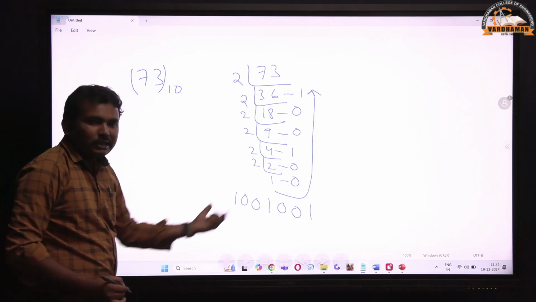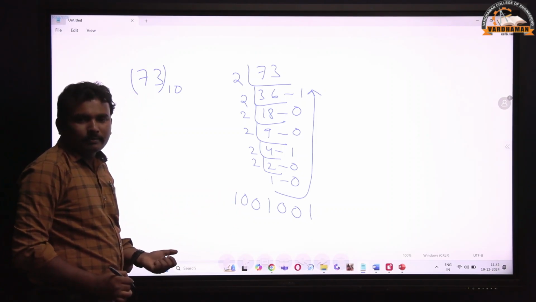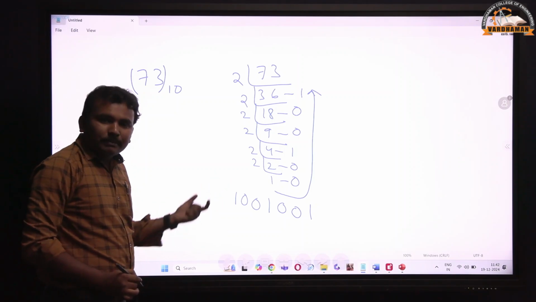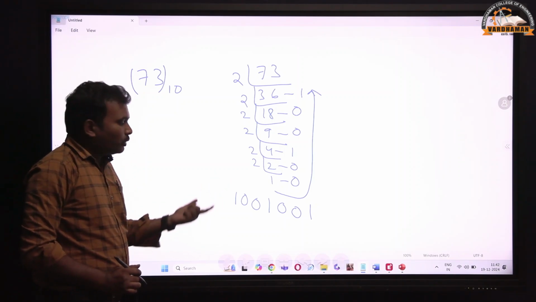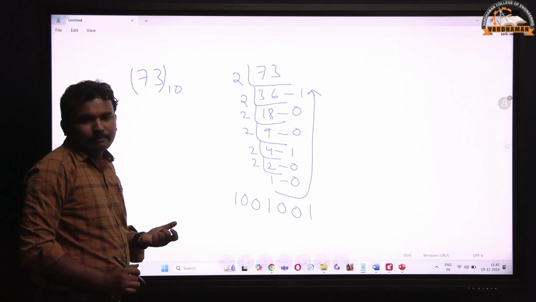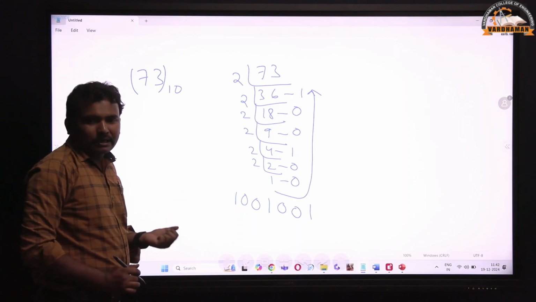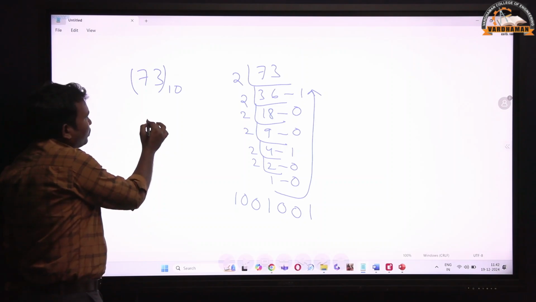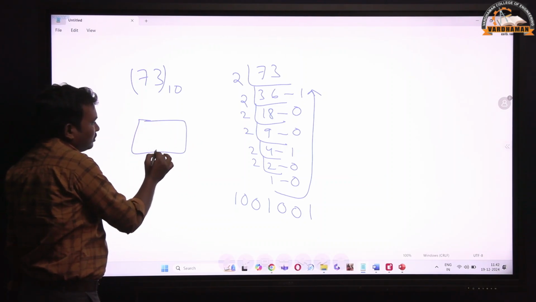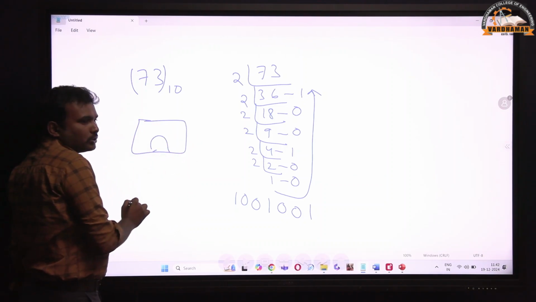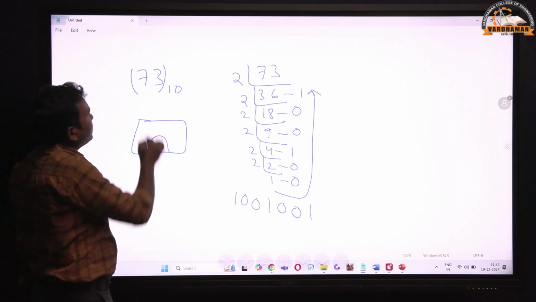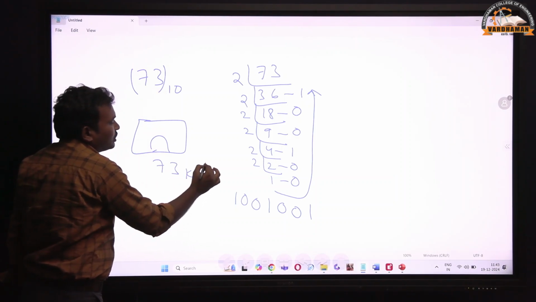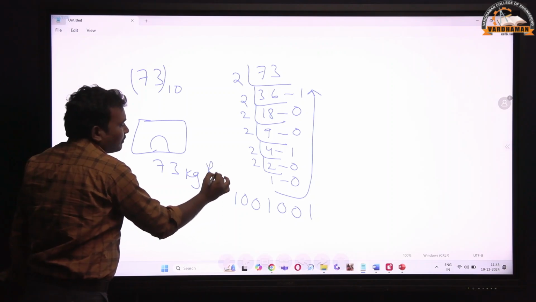What does it mean? What is it telling us? To understand that, there is another simple way to represent a binary number for a particular decimal value. Assume you went to a departmental store and you want to purchase 73 kg of rice.